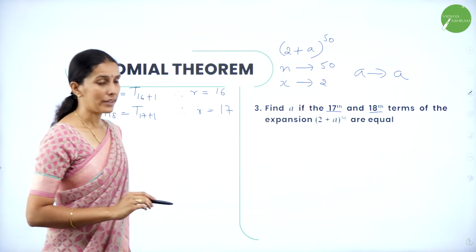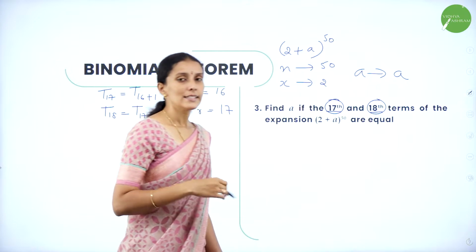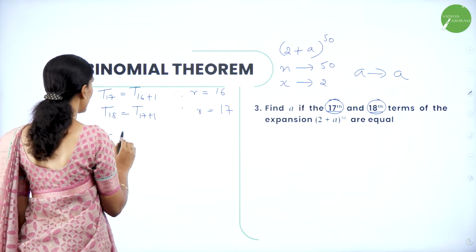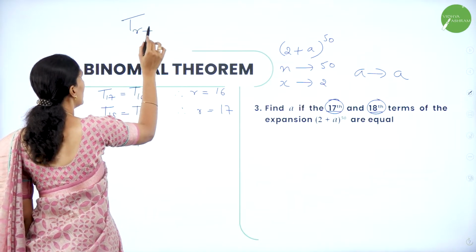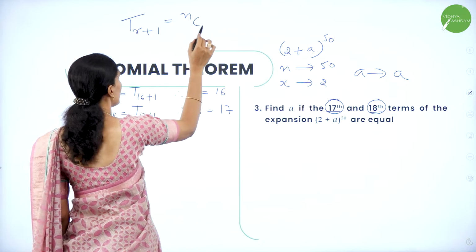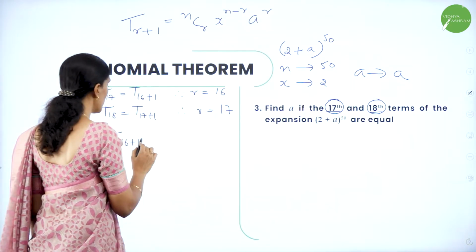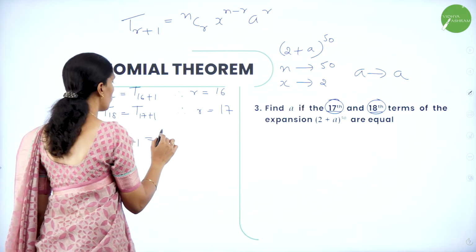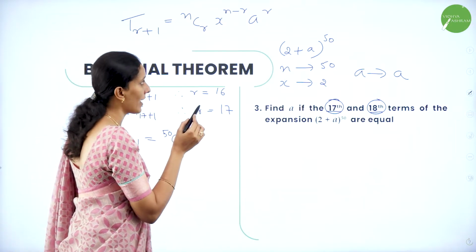Now, I have to write the general term for both the 17th and 18th term. Since they are equal, I will equate them. Now, I will write T16 plus 1 using the formula Tr plus 1 is nCr x power n minus r, a power r. So, this can be written as, what is n? 50. So, 50C16. What is my x there?